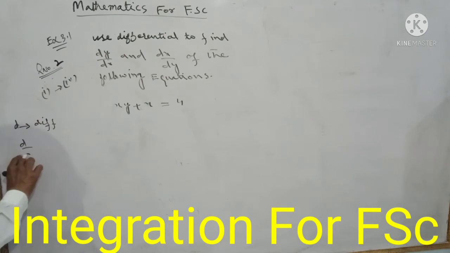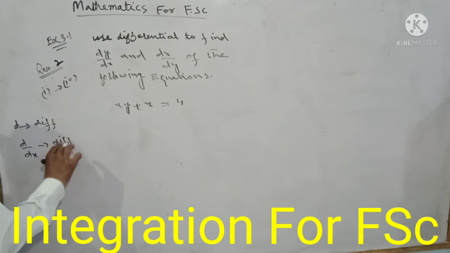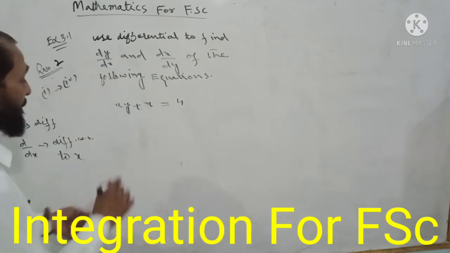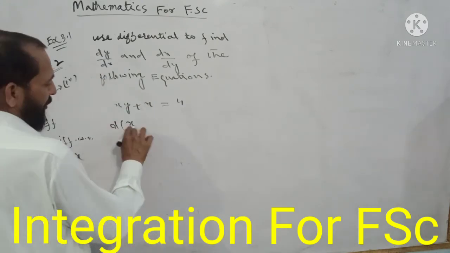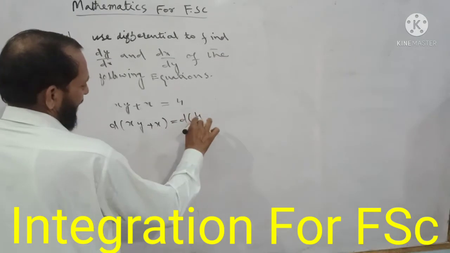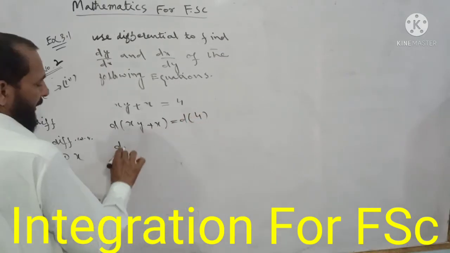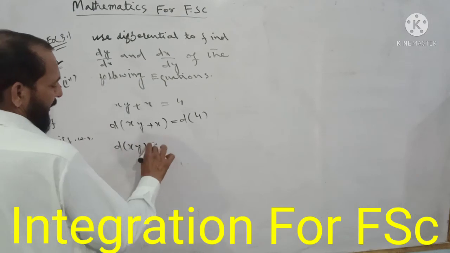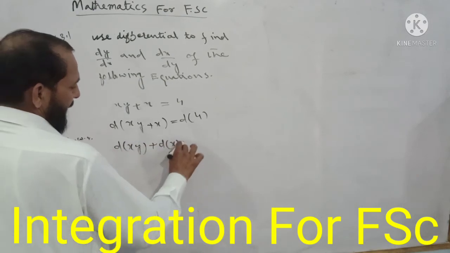D over dx means differential with respect to x. So we operate d on both sides. We can apply d on all values which are in the bracket.